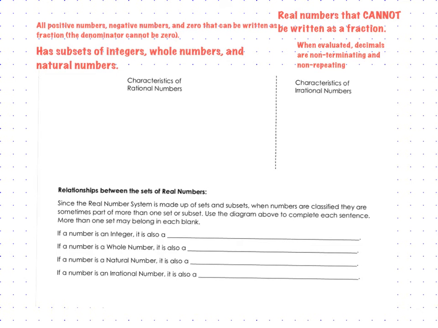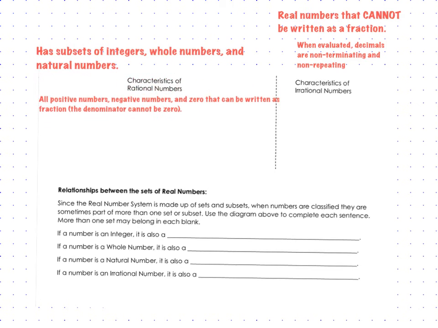Alrighty, so now let's look at some of the big characteristics of rational and irrational numbers. So let's start first. A rational number is all of the positive numbers, negative numbers, and 0 that can be written as fractions. And remember that it's really important that the denominator is not 0 in these examples.